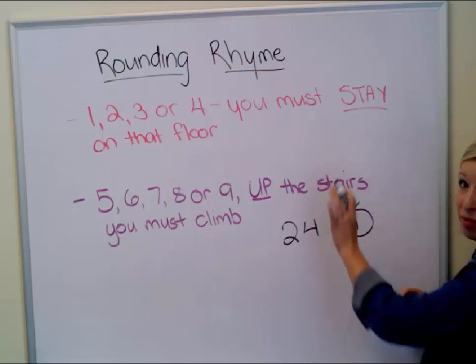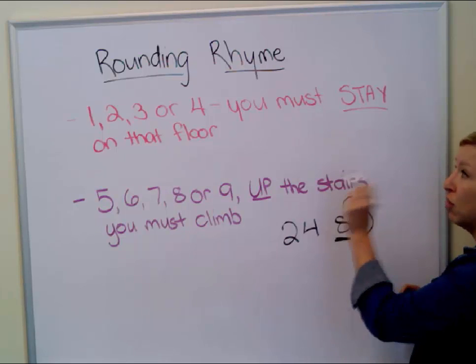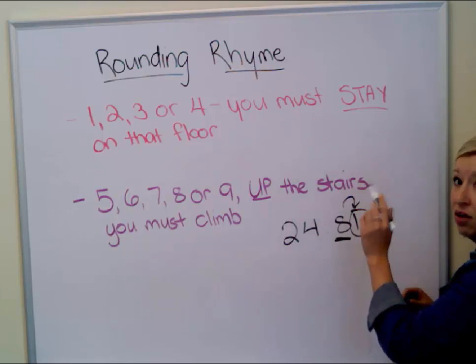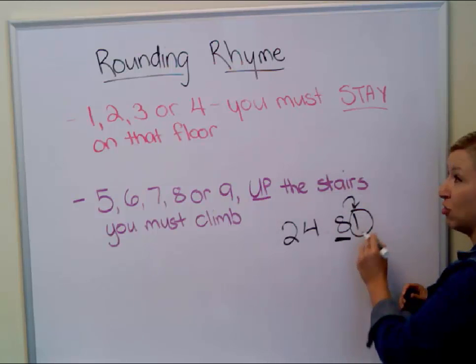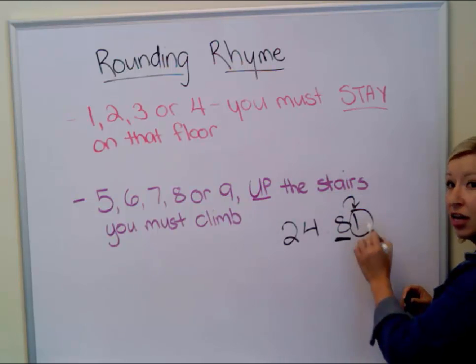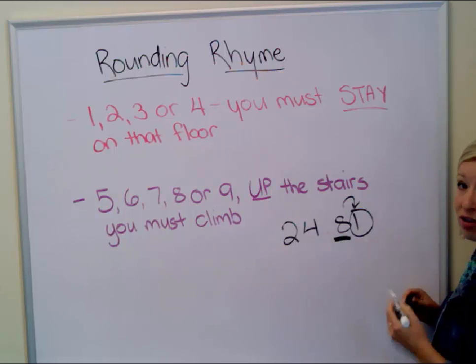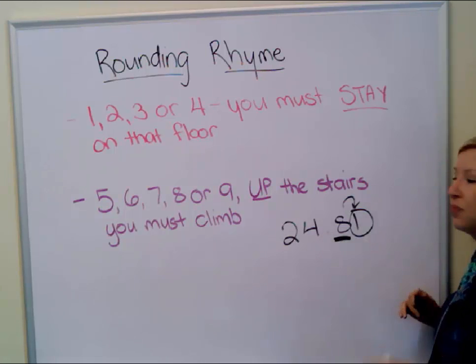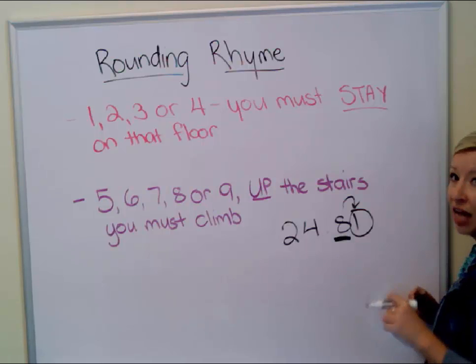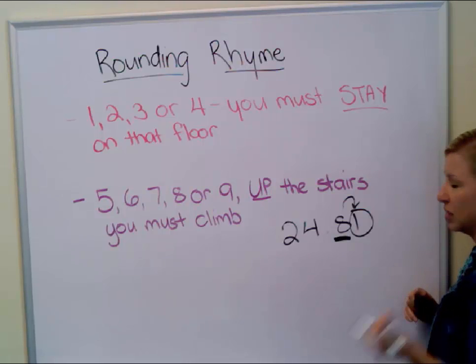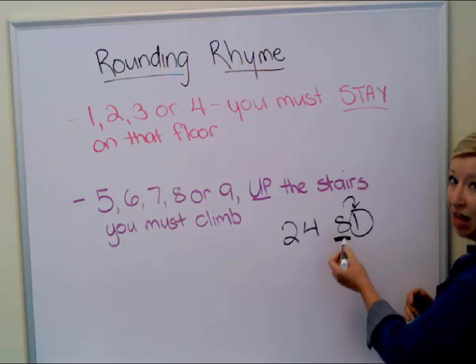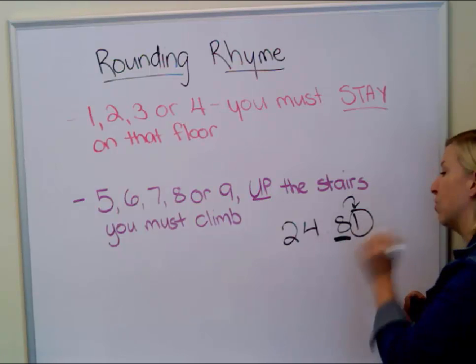This is where we apply our rhyme. 1, 2, 3, or 4, you must stay on that floor. So if it's a 1, 2, 3, or 4 that we're looking at, our underlined digit stays the way it is. If it's 5, 6, 7, 8, or 9, up the stairs you must climb. So in that case, our underlined digit, we would add 1.